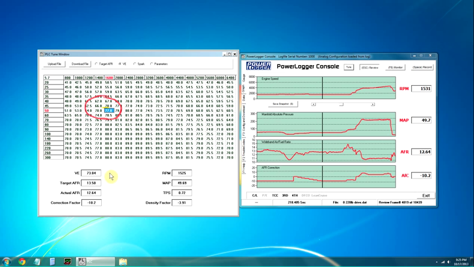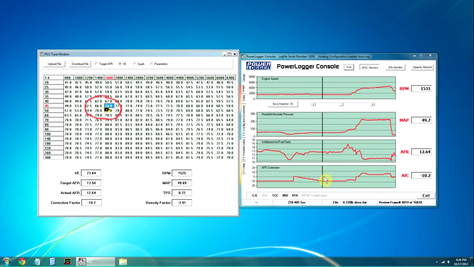When the program is looking up VE, it doesn't only look at one cell in particular. It looks at the closest cell it's at, and it might have some influence from the cells that are around it. So you don't just want to change one cell. You would change the cell that's closest to the bubble the most, and then cells that are close to it you might want to reduce just a little bit, and it should all be blended in fairly well.